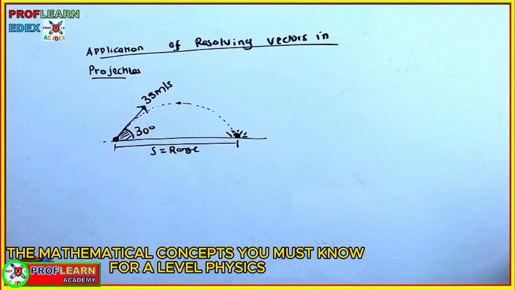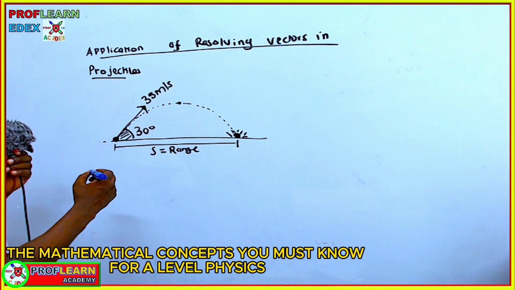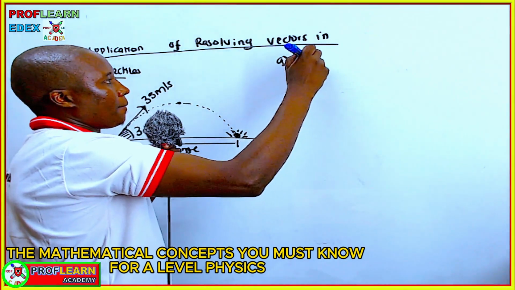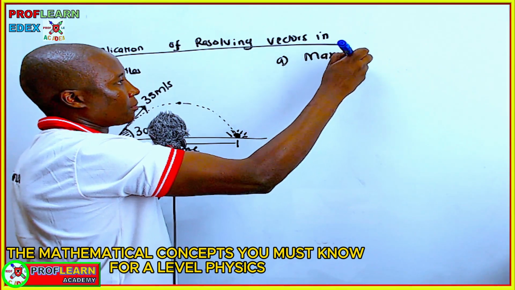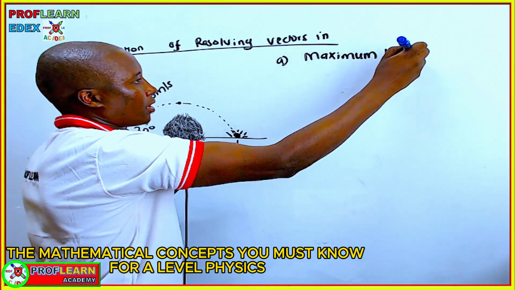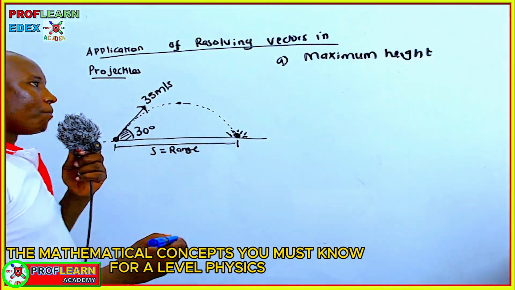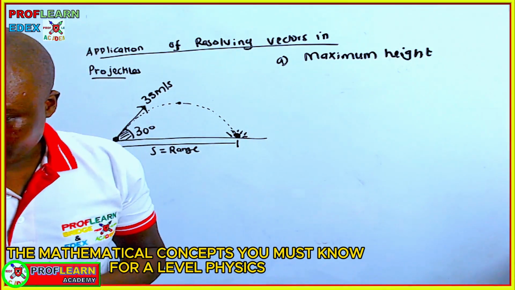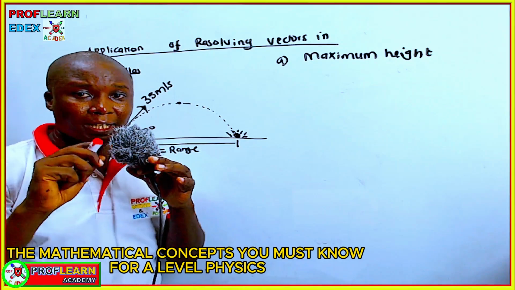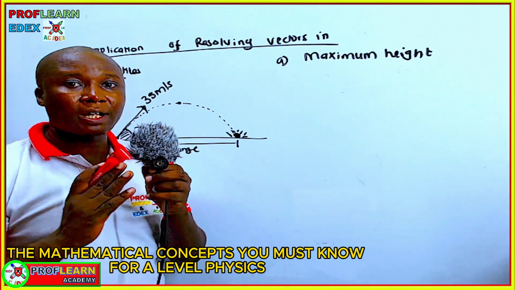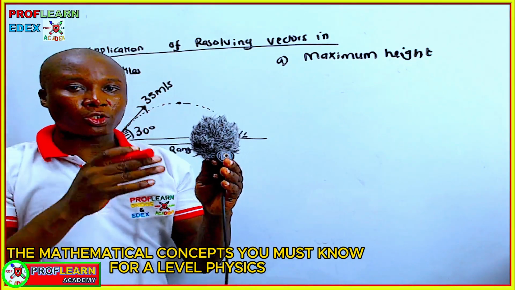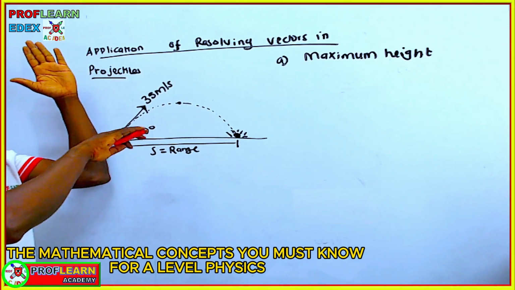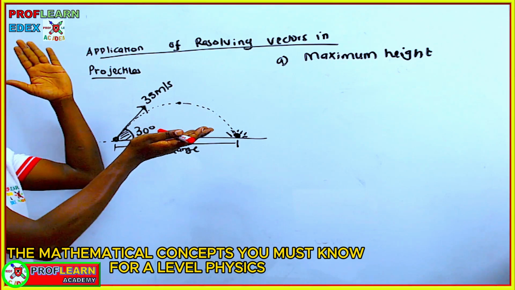Now, something that you need to remember is that for you to work out the maximum height, the most important thing to remember here is that when an object is projected at an angle, it's going to have a vertical component and a horizontal component. So you have a vertical component at this point, and at the same time, there is a horizontal component at this point.